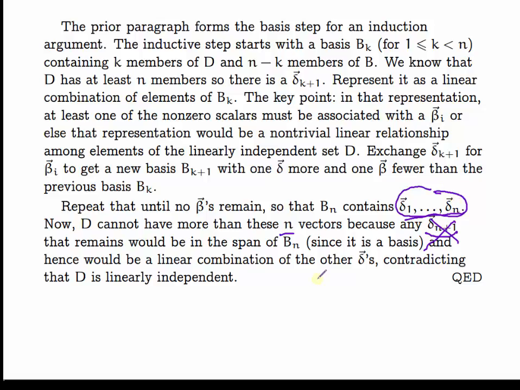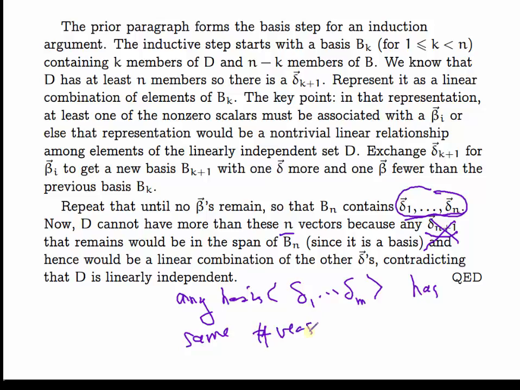So that shows, since delta was arbitrary, that any basis delta has the same number of vectors as this minimal basis.